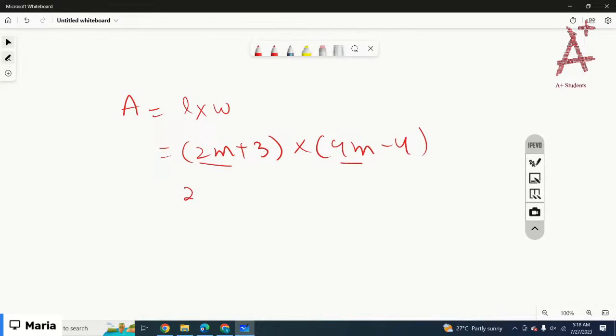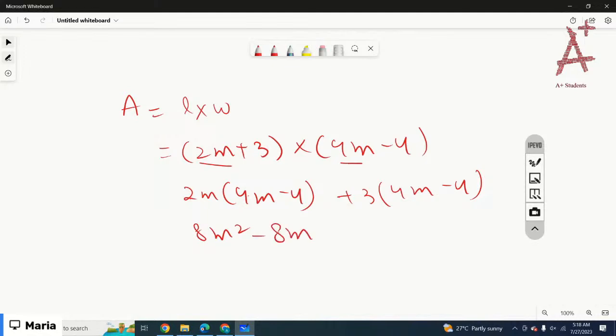So you have to do 2m times (4m - 4) plus 3 times (4m - 4). 2 times 4 is 8m squared, negative 4 times 2m is negative 8m, 3 times 4m is 12m, and 3 times negative 4 is negative 12. So it would be 8m squared, 12 minus 8 is 4m, minus 12. Right? You have to do length times width. So you just have to solve them.